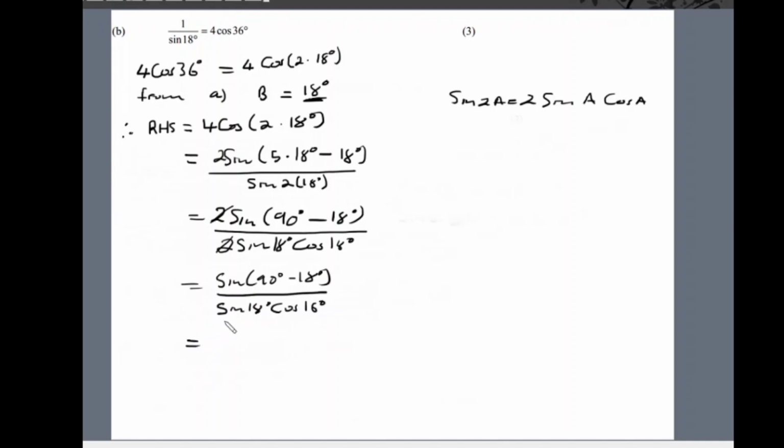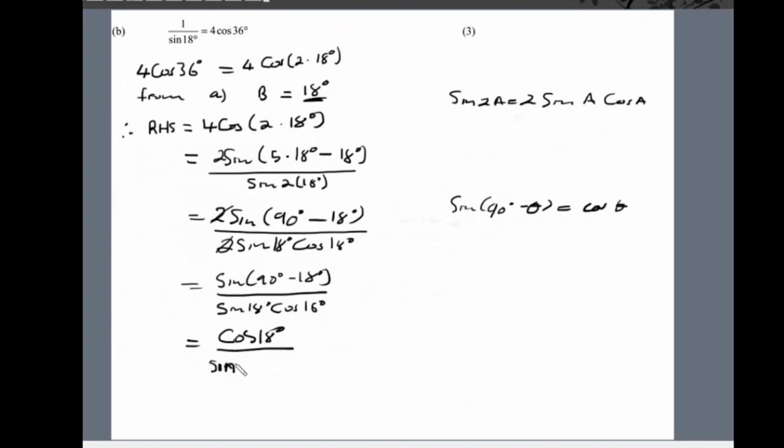But then, since sine 90 minus theta is the cofunction of cos, by the reduction formula, we know that sine 90 degrees minus theta is equal to cos theta. Okay? So sine 90 degrees minus 18 is equal to cos 18, right?